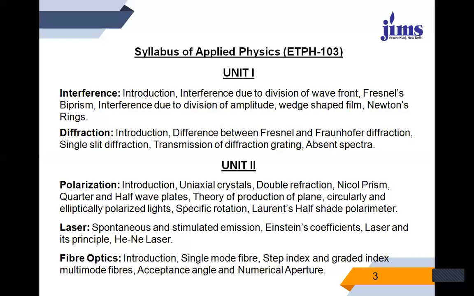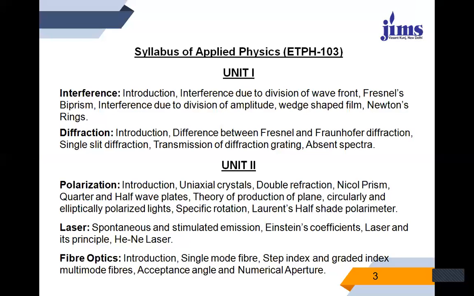The other part of this unit is diffraction of light, in which you study the difference between Fresnel and Fraunhofer classes of diffraction, single slit diffraction, transmission diffraction grating, and absent spectra.